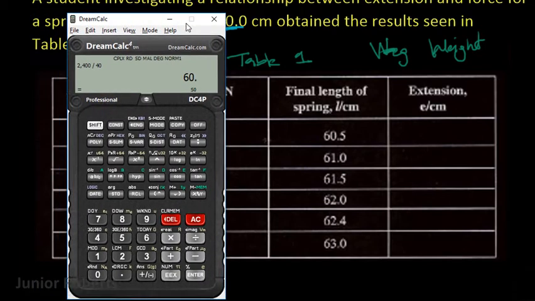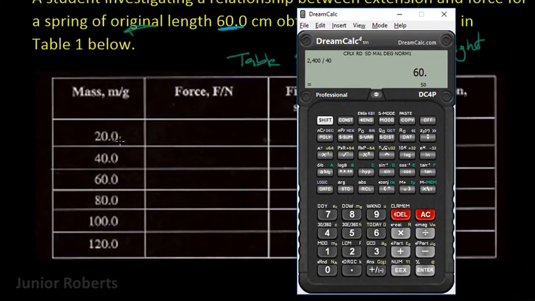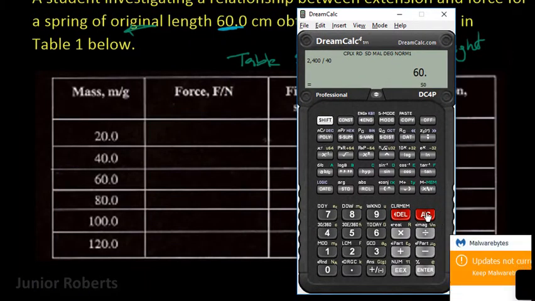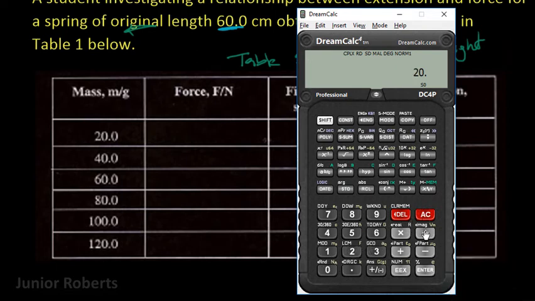Alright, so for each mass, which is in grams, we're first going to convert it to kilograms. So 20 divided by 1000 equals 0.02, and then we multiply that by 10, which is the acceleration due to gravity.